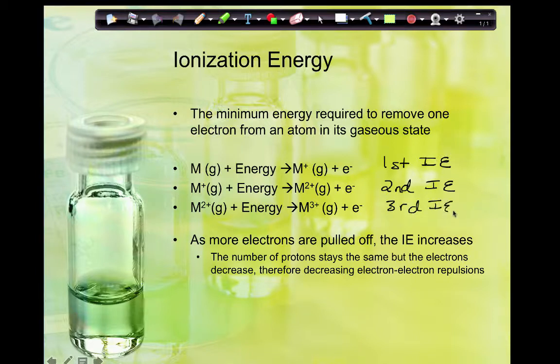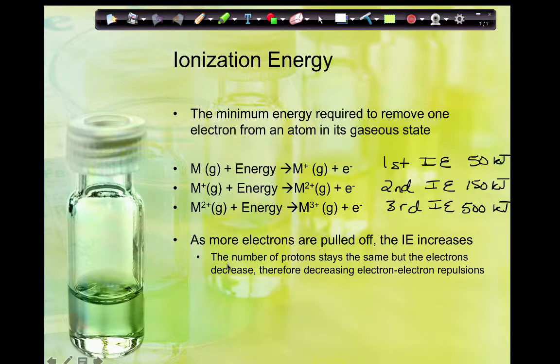Now, every time you apply energy, that amount of energy goes up. So maybe it takes 50 kilojoules to remove the first one. Then the next one it takes, I don't know, 150 kilojoules. And then the next one, maybe it requires 500 kilojoules. So every time that you remove an electron, it requires more and more energy.